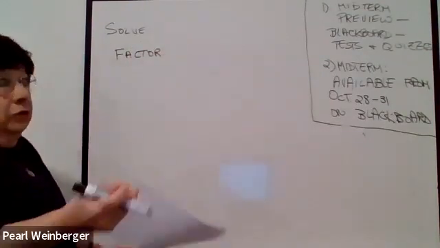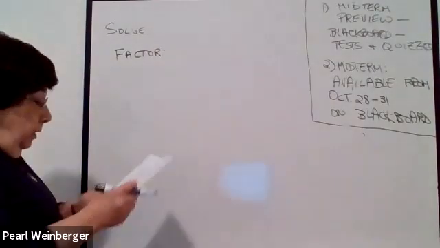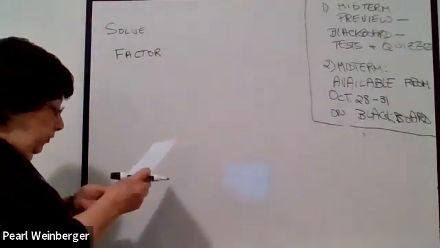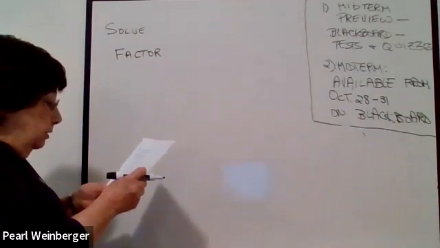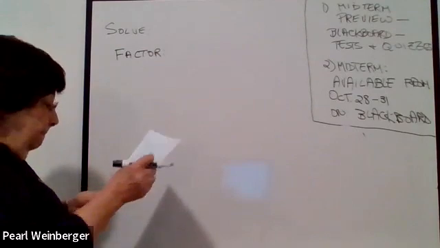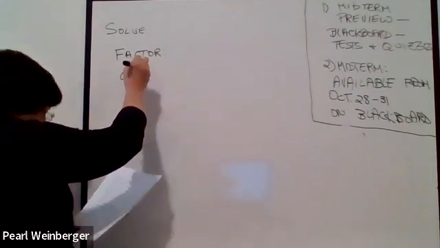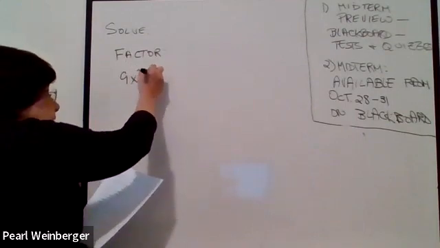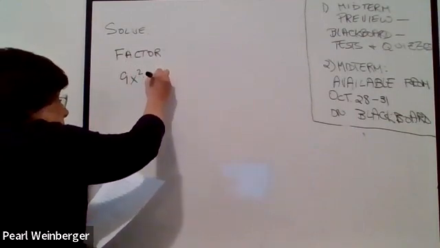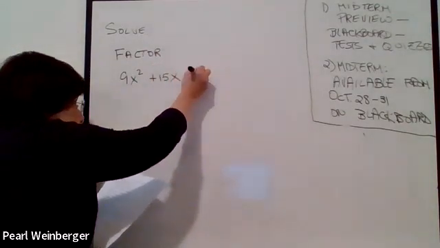Remember, we've just learned that if you want to solve a quadratic equation, you better know how to factor. What if I ask you to factor this particular example? 9x squared plus 15x plus 4.